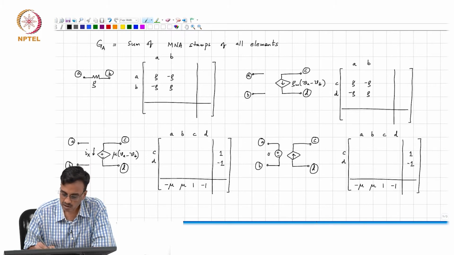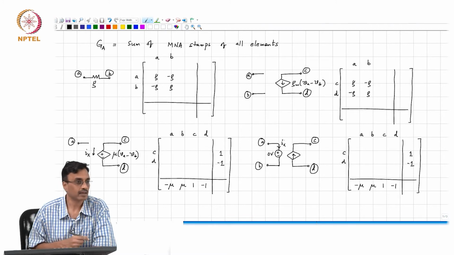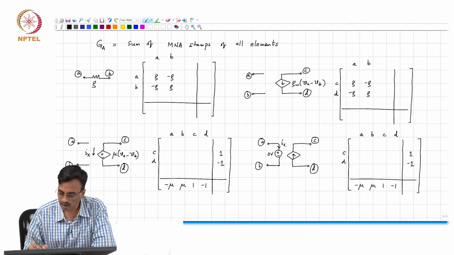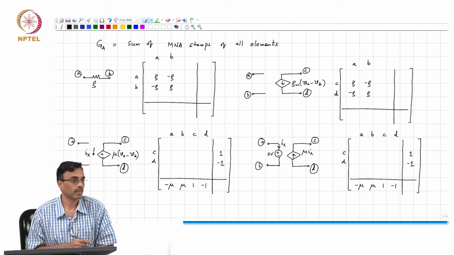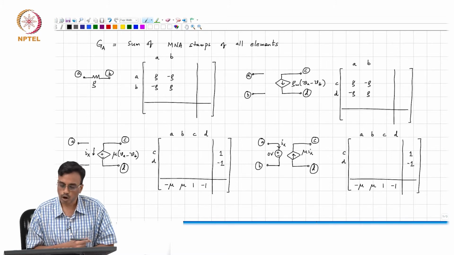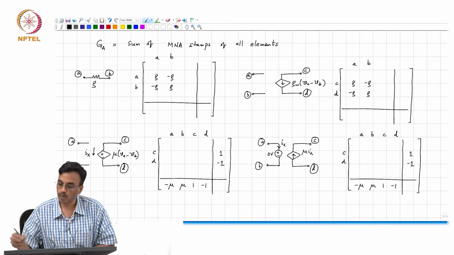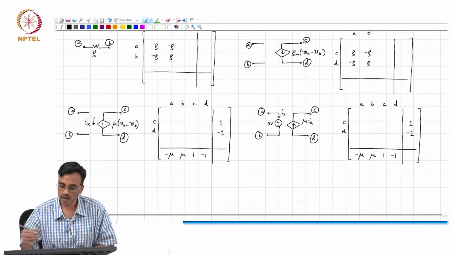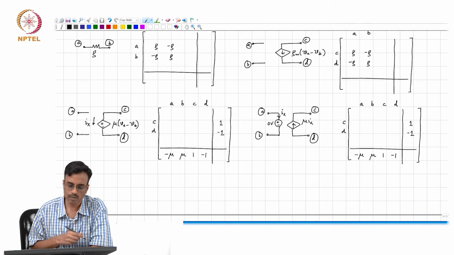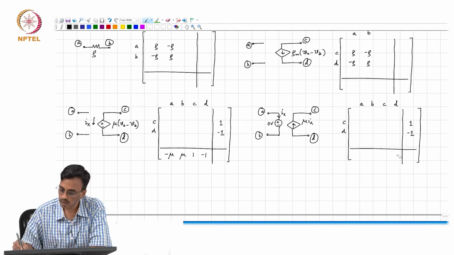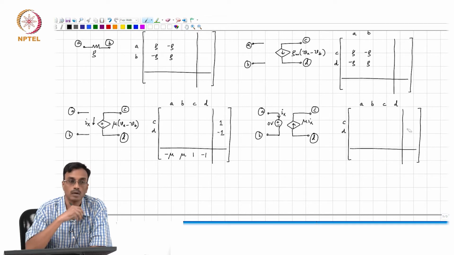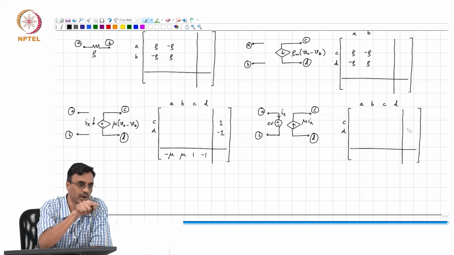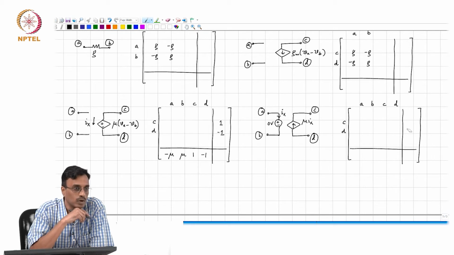So, this is 0 volts, and so this is Ix, and this is mu times Ix. And what comment can we make about the MNA stamp of this? How many extra variables do we need now?